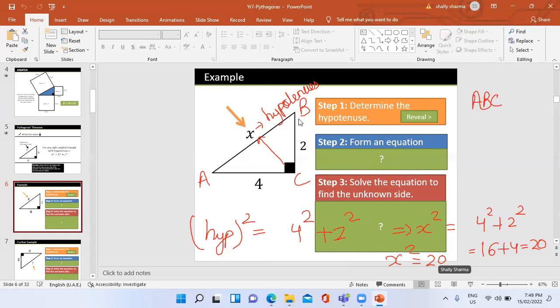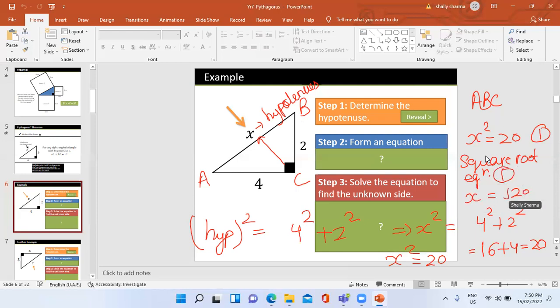And how can we find out x? We have x square as 20. To find out x, we need to do square root on both sides, because whenever we have to find the value of a variable, we always apply the reverse operation. So the inverse operation of square is square root. So square root this equation 1. So x is equal to square root of 20.